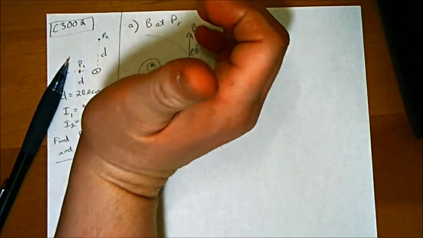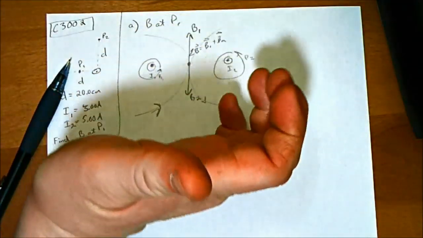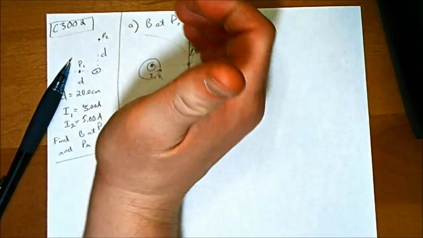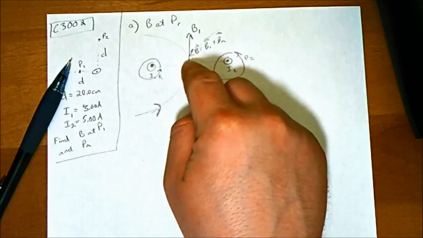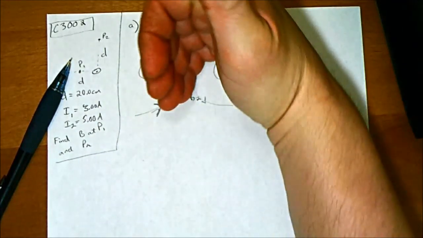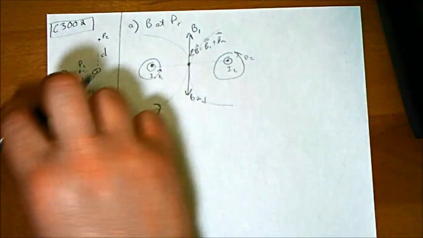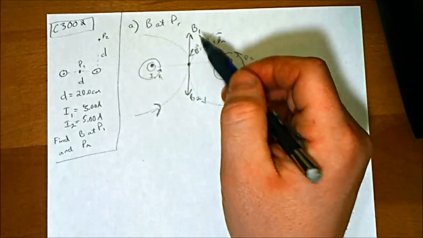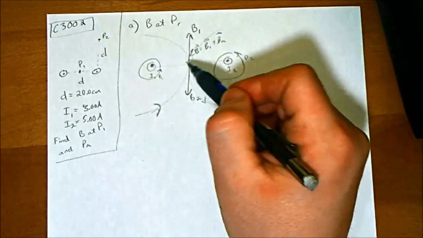So remember, the current's coming out of the page, the field circles in the direction with which you curl your fingers. So since you're curling your fingers this way, on this side of the wire, the field points straight up. For the other wire, the field points straight down. Now, if these two wires were carrying equal currents, these two fields would subtract out, and the total field at that point would be 0.